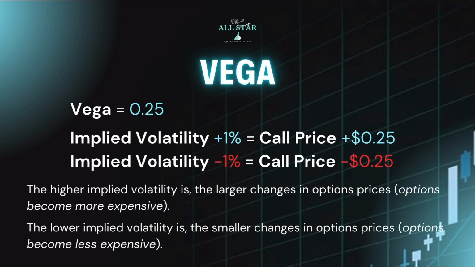So in turn, premiums become more expensive. But if the implied volatility is lower, the option price falls because of the deflated movement. So premiums become less expensive. So again, this may be confusing, and I'll bring it all together after I discuss the last Greek. So let's go ahead and hop into Rho so I can make sure that all of this is going to make sense for you.